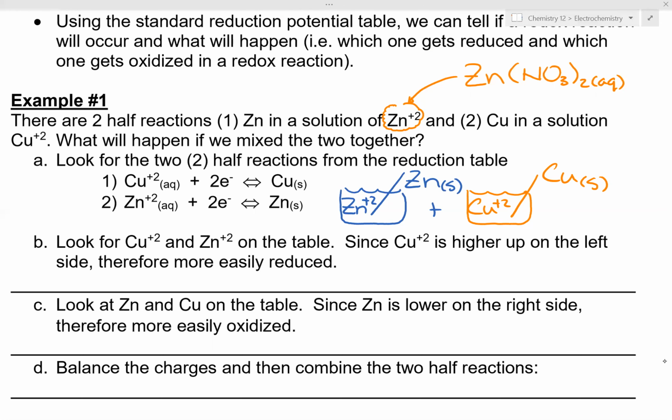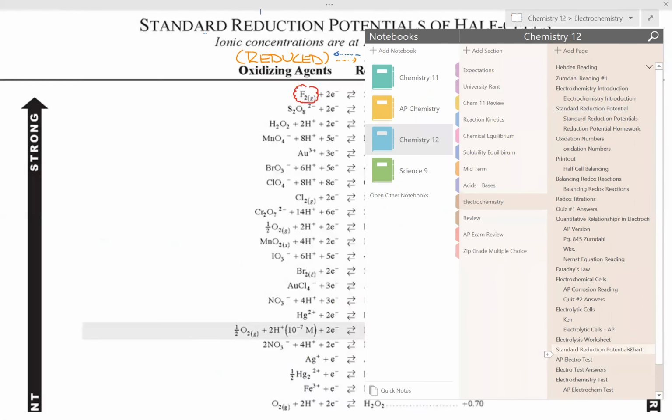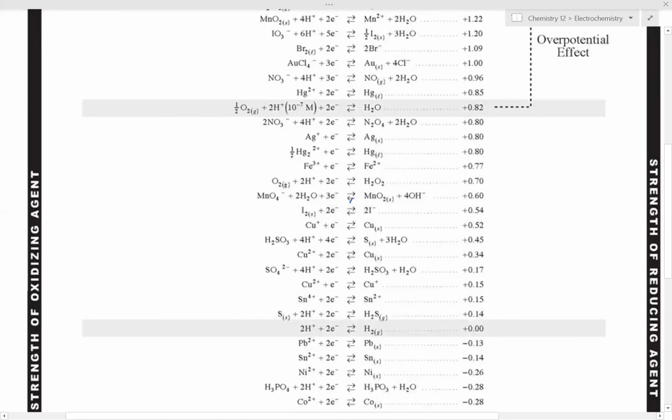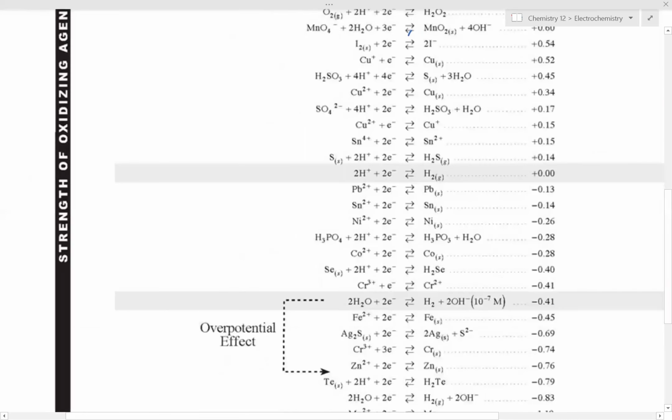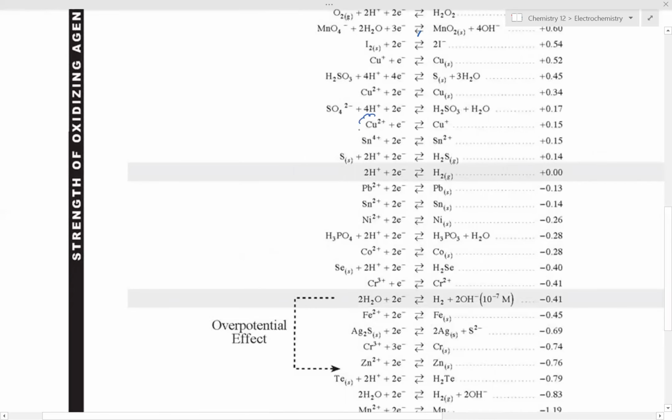So what do I mean by this? If we look at our standard reduction potential table, you have copper 2 plus up here, and you have zinc 2 plus down here.